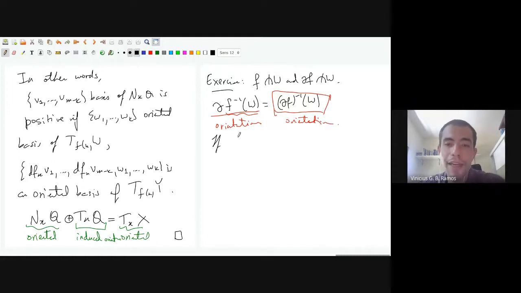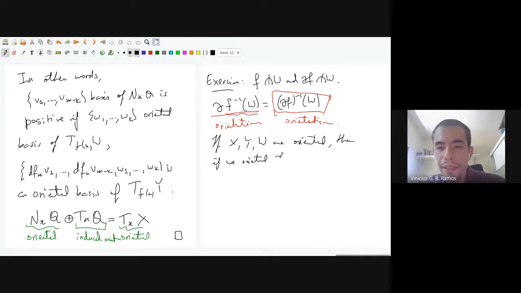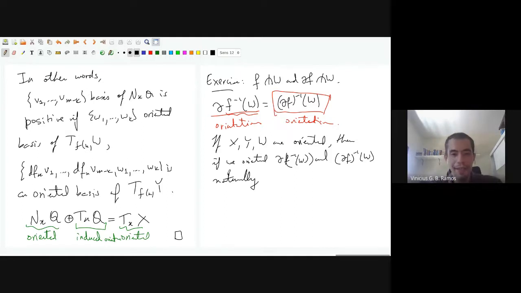So if X, Y, and W are oriented, and we orient this one and this one naturally, again by this particular choice of trivialization, then the orientations don't necessarily match.